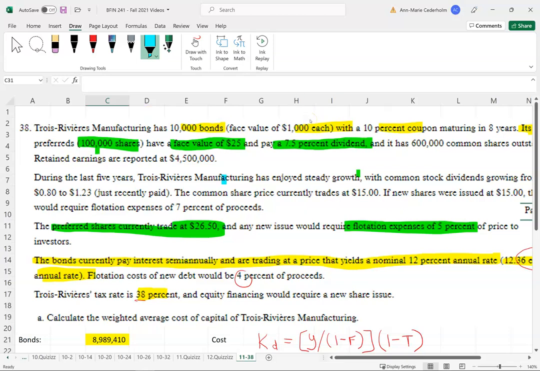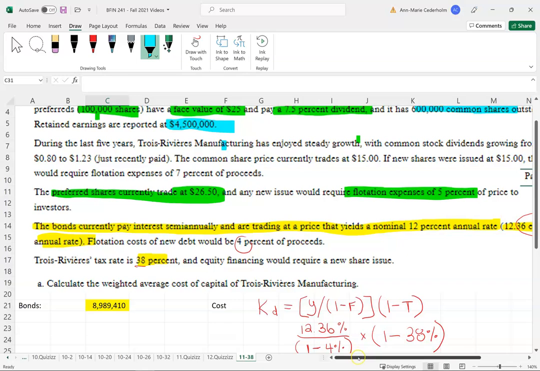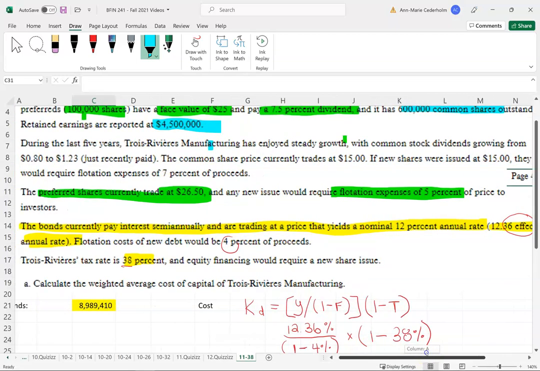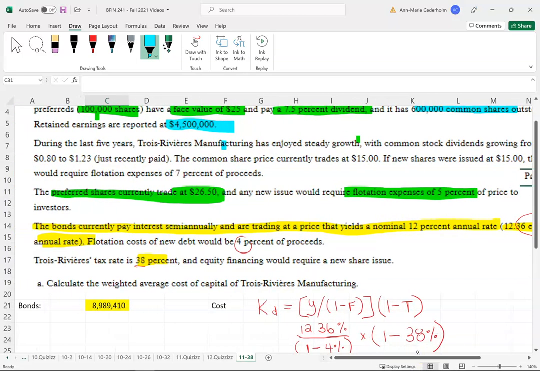So it says that we have 600,000 common shares outstanding. We also have retained earnings of 4.5 million. Now, during the last 5 years, we've had a steady growth rate on the common dividends, and they grew from 0.8 to 1.23.